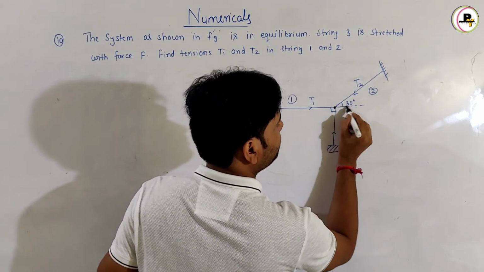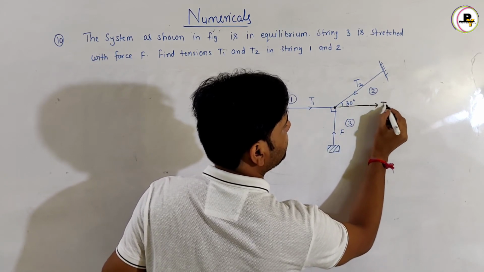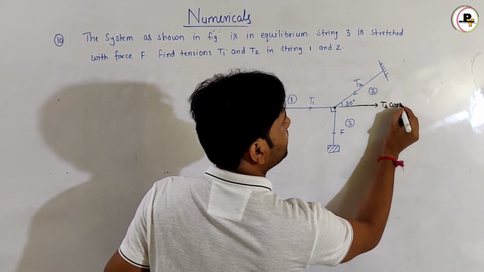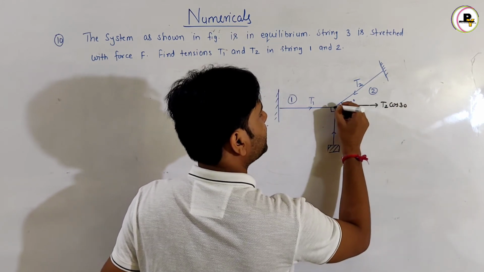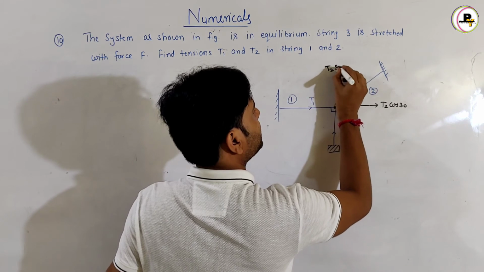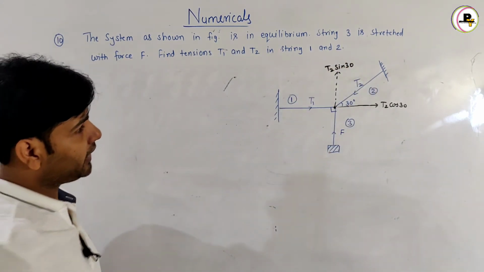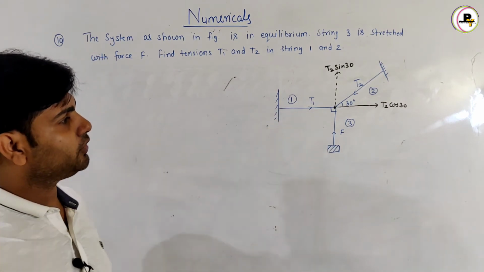One component will be along the horizontal direction along x-axis, and this can be written as T2 cos 30, and there will be one vertical component along y-axis, and this can be written as T2 sine 30. Okay, so I have to find the value of T1 and T2.